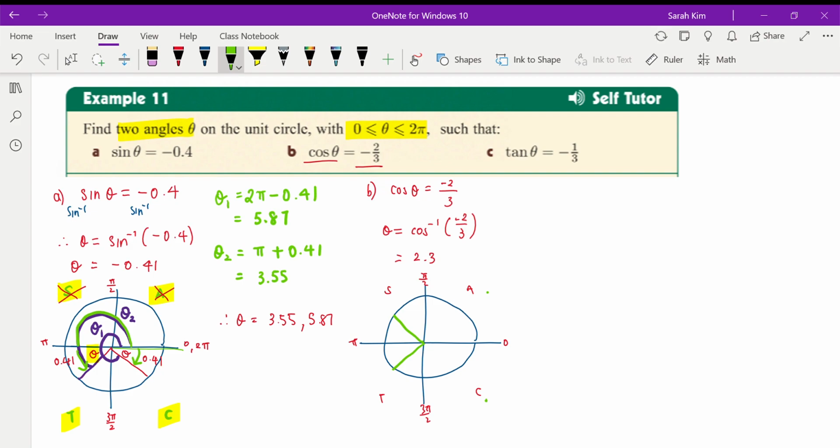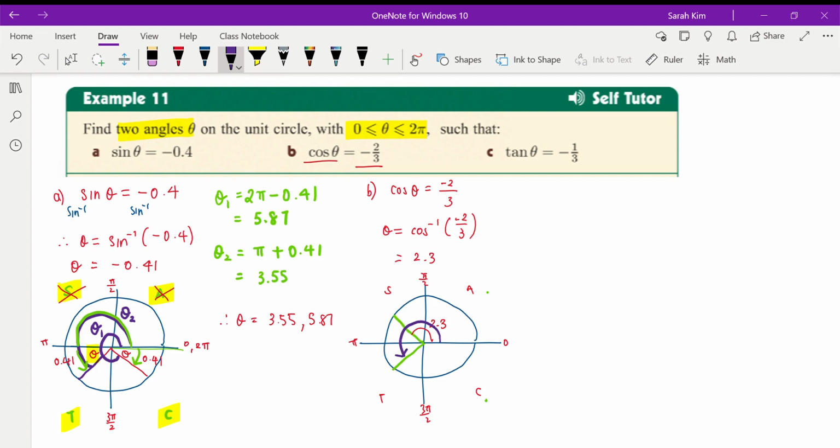2.3, let me just have a little bit of a look. So pi is 3.14. So the angle that they have given us is this angle. This angle is 2.3 radians. So I guess the second angle I need to figure out is, I can use a different color, this angle.